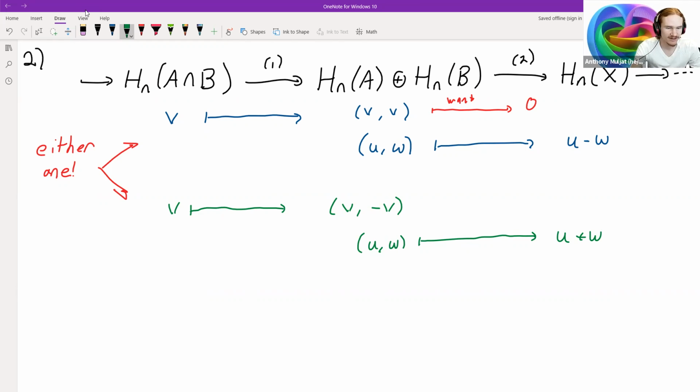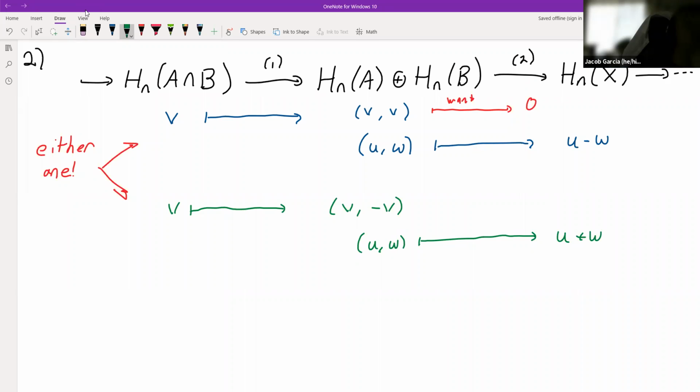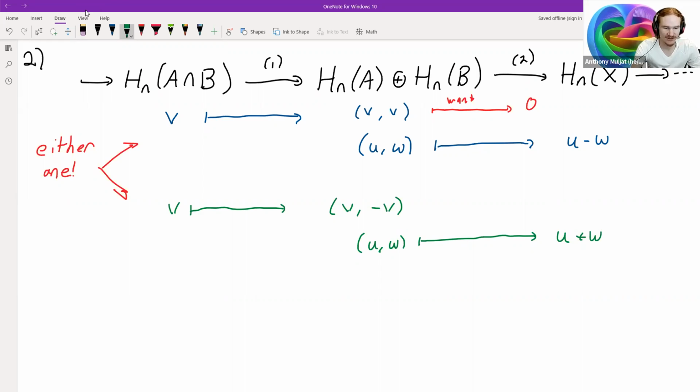I don't know how to picture that. To be honest, I don't know if I've ever had to know what the boundary map actually is, other than that it's a boundary map. It's the map that you need in order to make the sequence exact, and that's all that I think of it as. Yeah, fair enough.